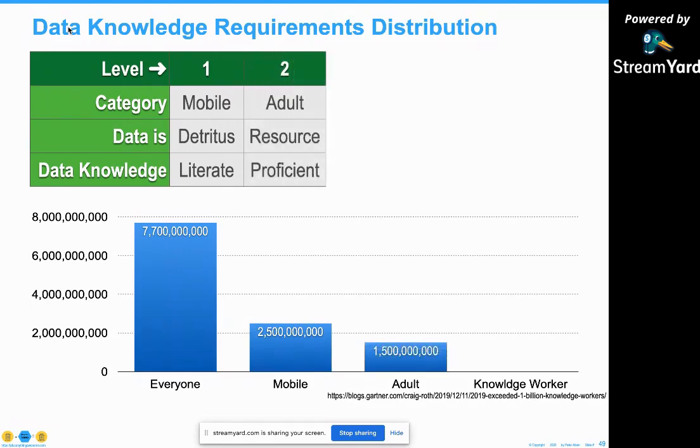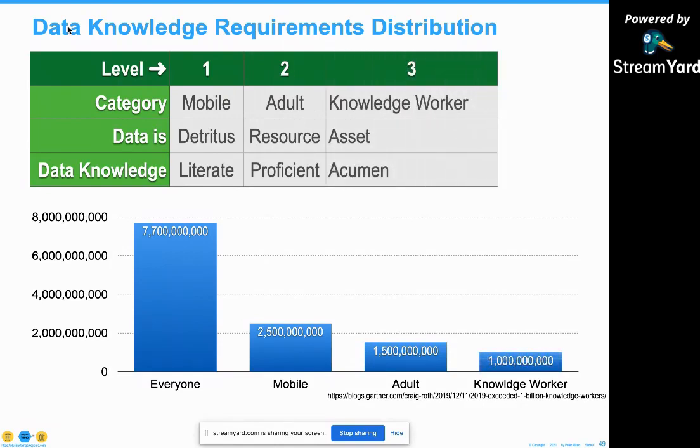Of those, 1.5 billion are adults, which means we have then 1 billion knowledge workers that we'd like to have. So I'm really arguing for an education to the masses, which means we've got to put this back down into places before you graduate from grade school. We need a whole other set of capabilities in society in order to start making a big difference here.